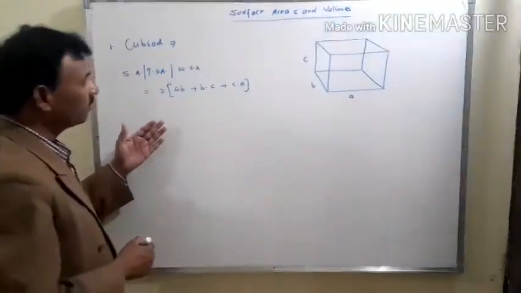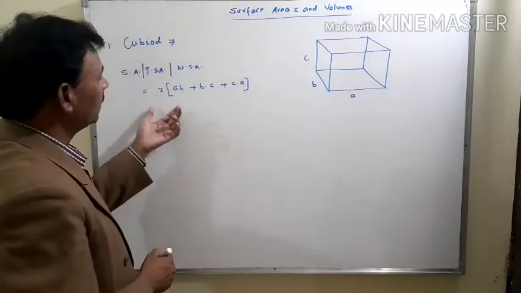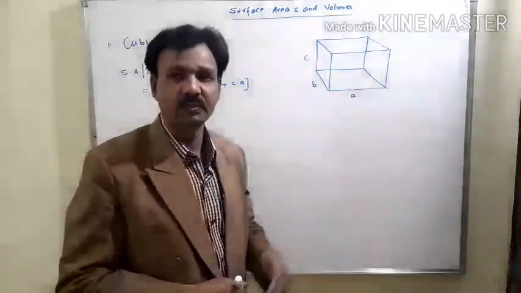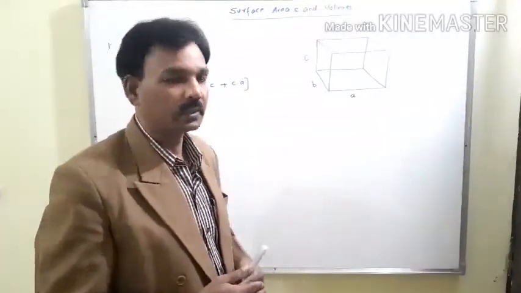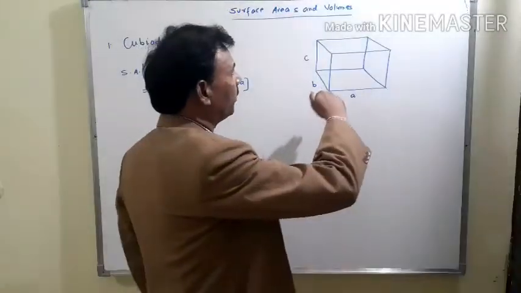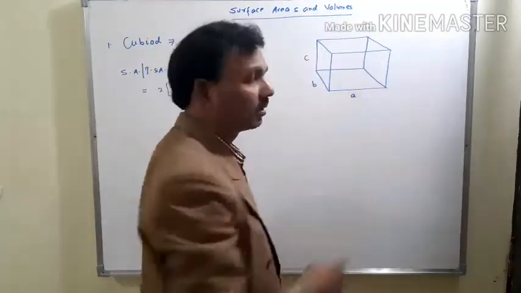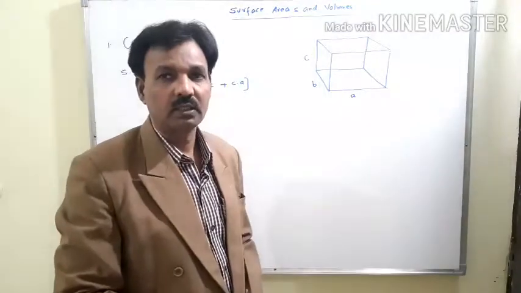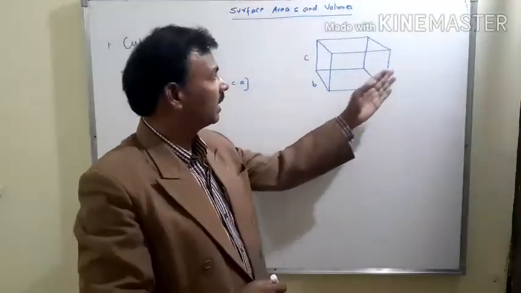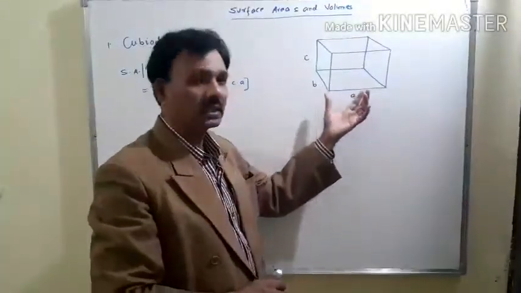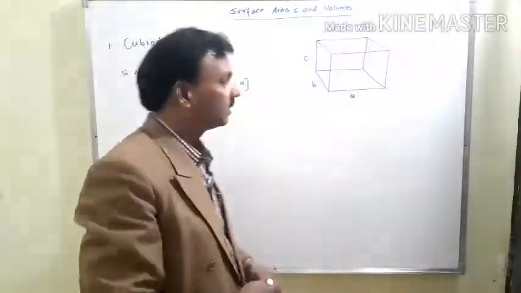Now one more area is also given here, and this is known as curved surface area. What is the curved surface area? If we leave the top and bottom surface and find the remaining areas of the 4 sides, it is known as CSA or LSA.